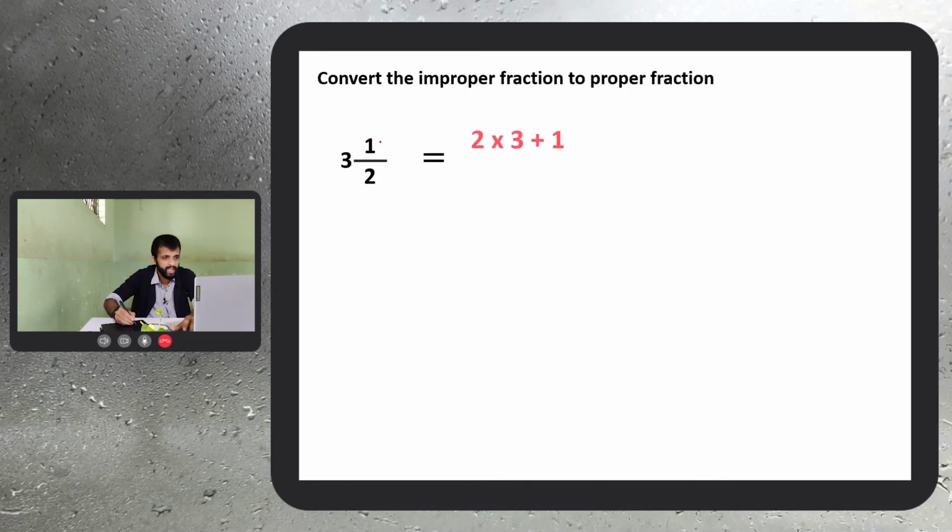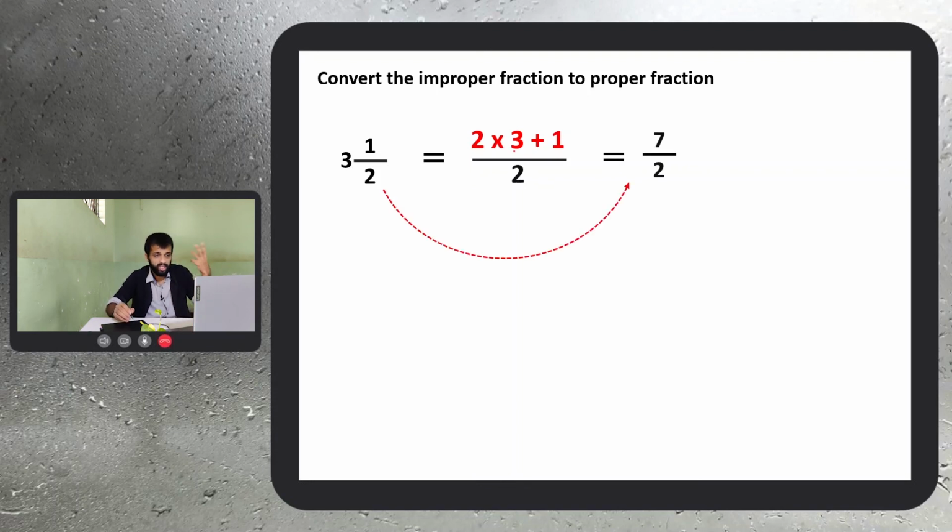So it would be something like this: 2 multiplied by 3 plus 1, upon 2. This will give us 2 times 3 is 6 plus 1 is 7, and it would be 7 upon 2. So what have I done?